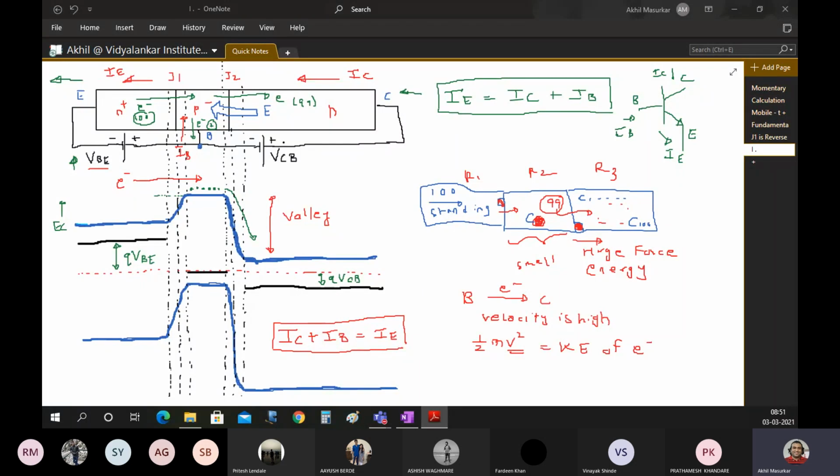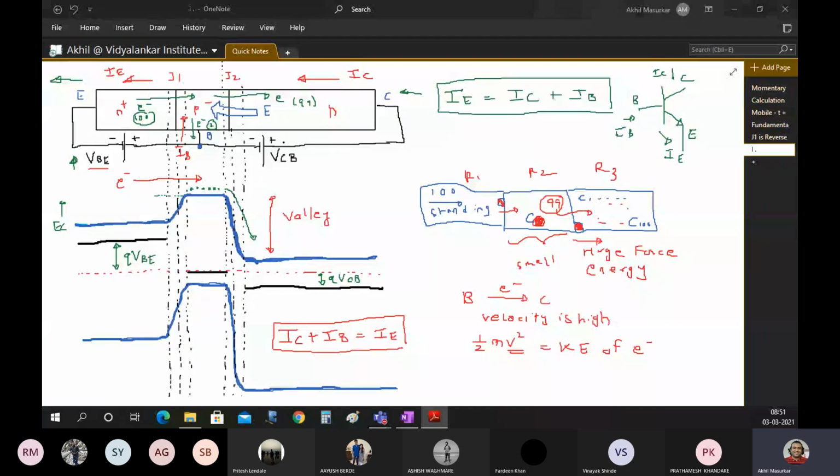So let us revise this once again. Since the base emitter junction is forward biased, electrons from the emitter are injected across the base emitter junction into the base. This creates an excess minority carrier concentration in the base.